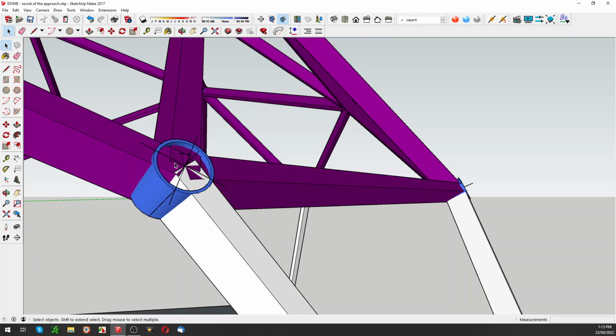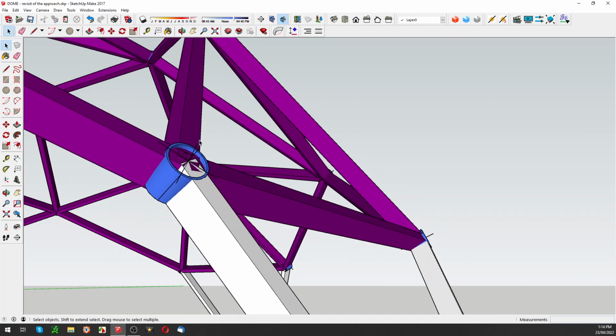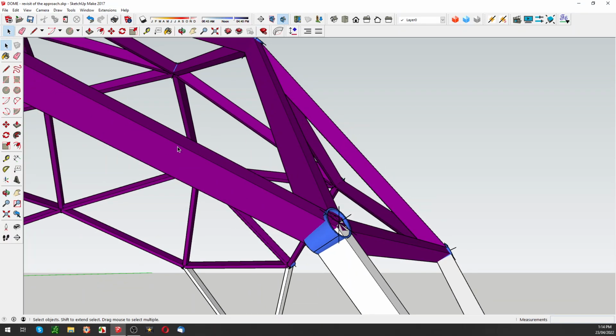And it kind of makes sense when you think about it, hence why I got the angles in that other drawing, is that all the struts meet at the center point, the geometric center point of the intersection. All's fine there.